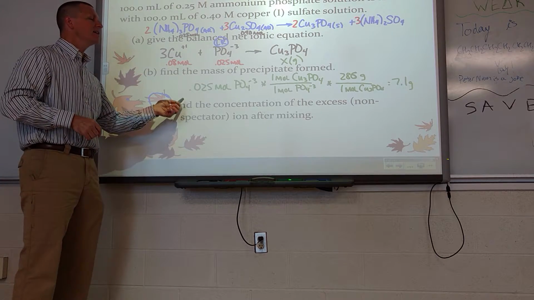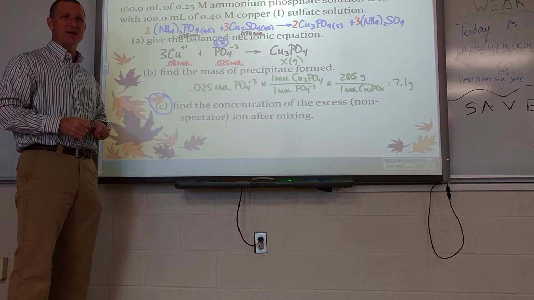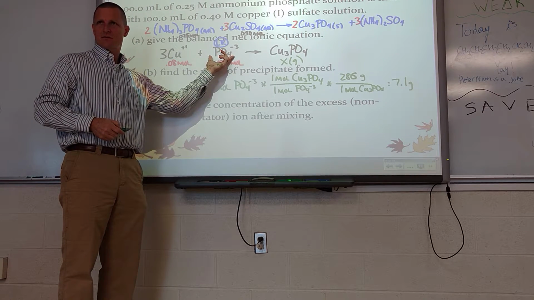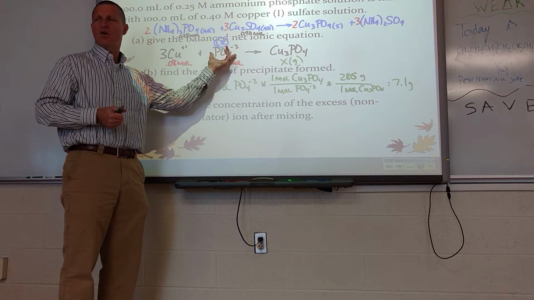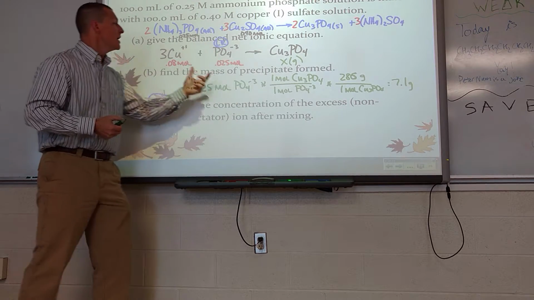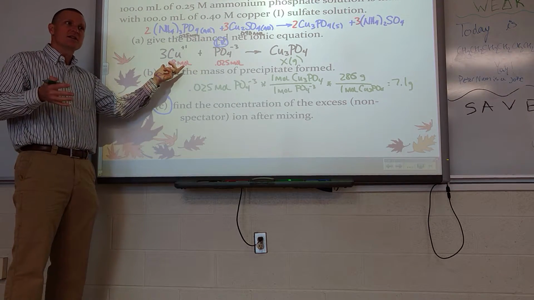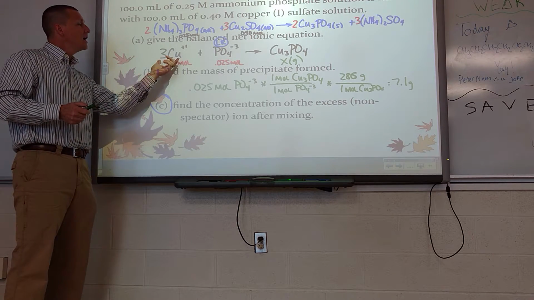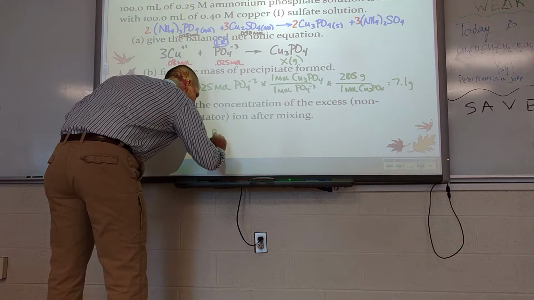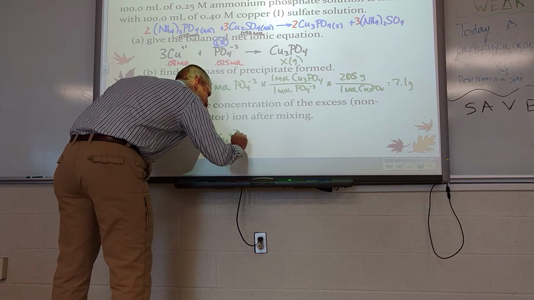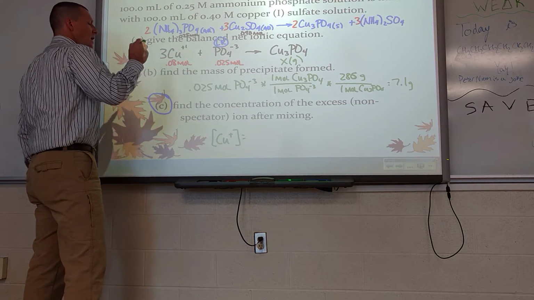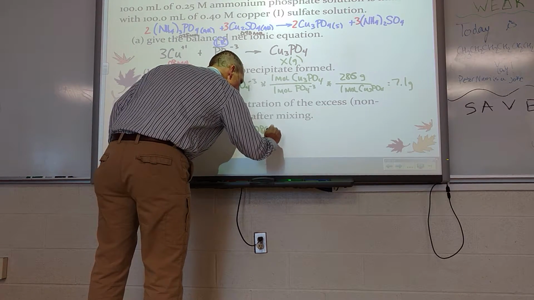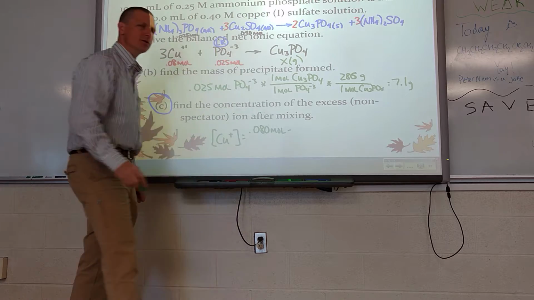So, calculate the concentration of the excess ion after mixing. All the phosphate got used up. It's the limiting reagent. It's all gone. Copper was in excess. There's still some copper present. How much? Well, the copper ion concentration, this is just like what we did in the last problem. We started with 0.08 moles.